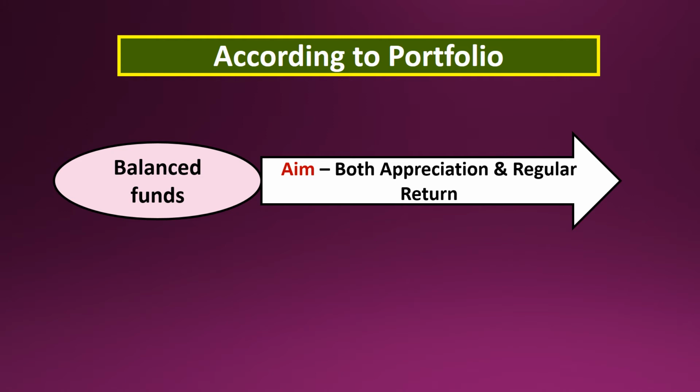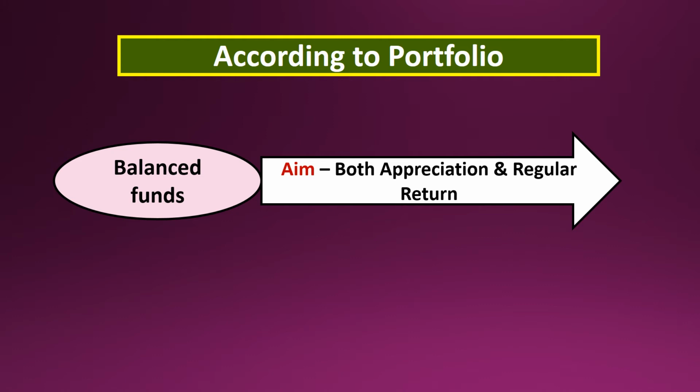We have seen that income funds focus on regular return and do not give much importance to capital appreciation, while growth funds give importance to capital appreciation and the least importance to regular return. Here, in the case of balanced funds, they focus on both capital appreciation as well as regular return.